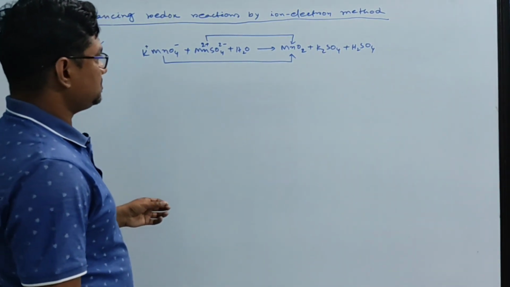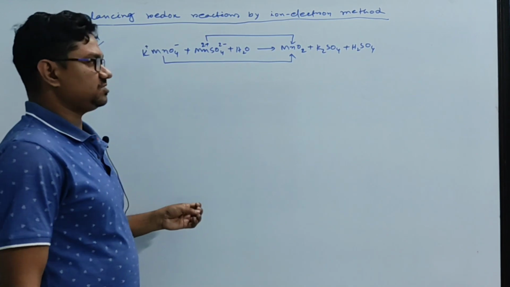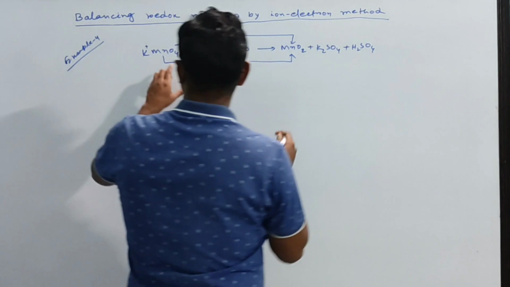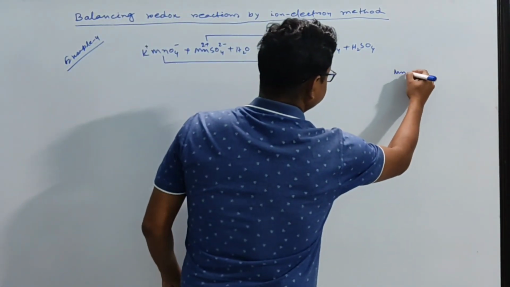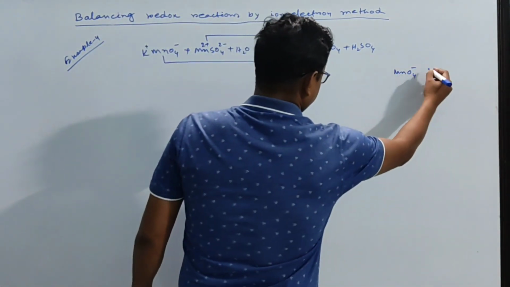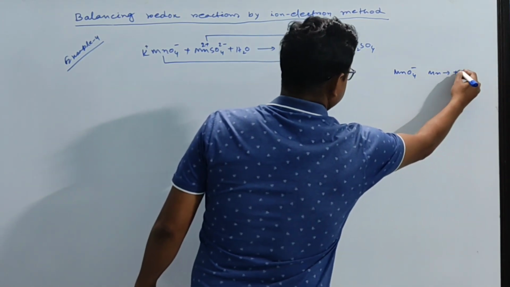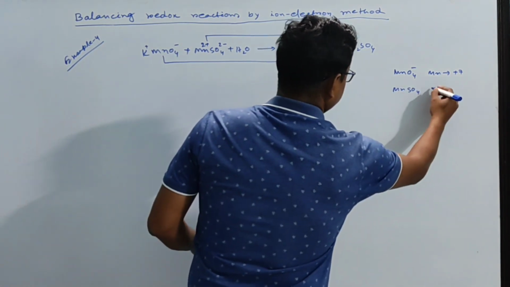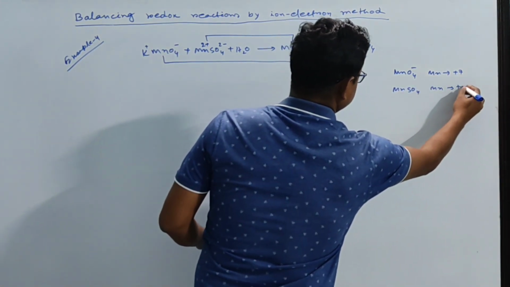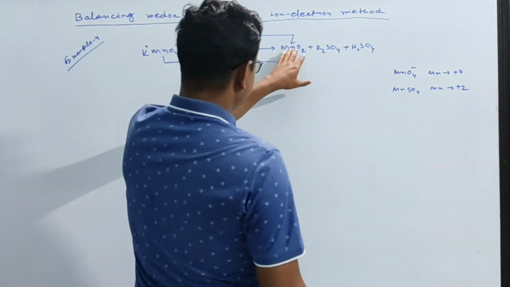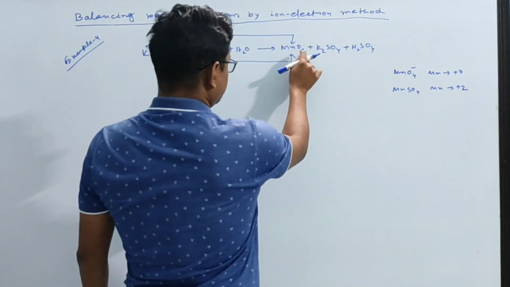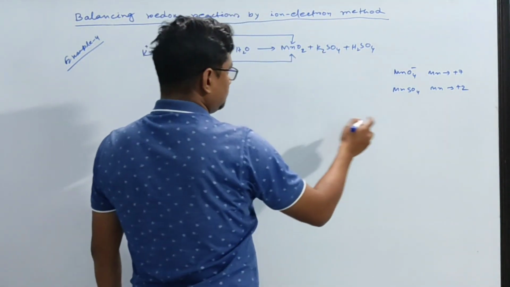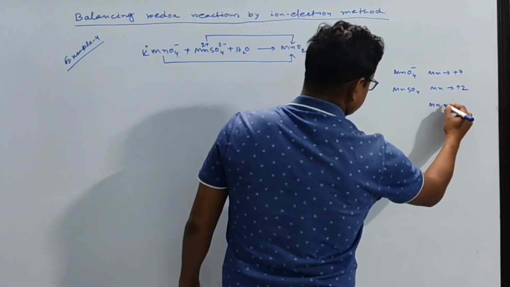Hope you understand what is comproportionation and disproportionation redox reaction, or I can discuss in very short. You see here permanganate MnO4 minus, the manganese in plus 7 oxidation state, and in MnSO4 manganese in plus 2 oxidation state. But in MnO2, if we give 2 negative charge for each oxide ion, then manganese will be in plus 4 oxidation state.